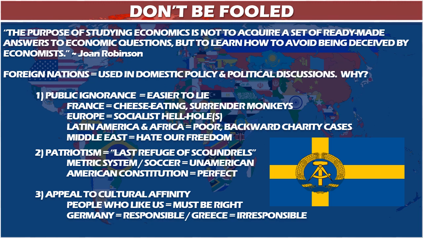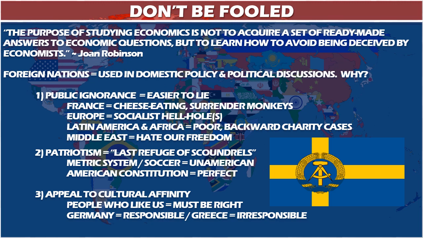And finally, I think there are often appeals to cultural affinity, which means countries who like us must be right. If they're our ally, despite whatever is happening on the ground in their country, we respect their opinions. Countries who are not like us, we tend to disagree with. You see this in economic policy in Europe, where Germany is often portrayed as responsible, mostly because we as Americans can probably identify with Germany, both by the level of development and as an ally.